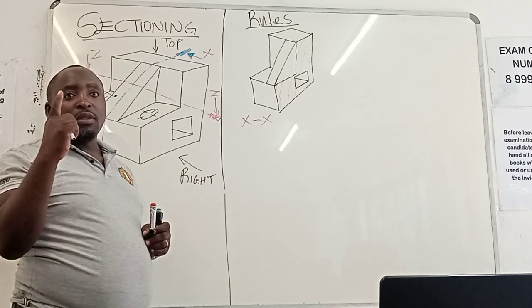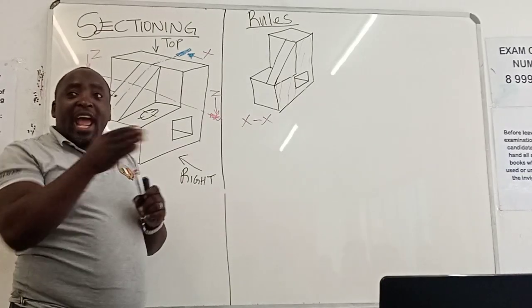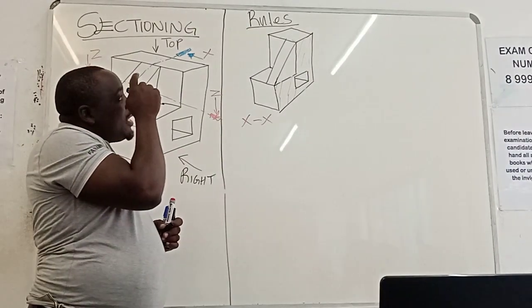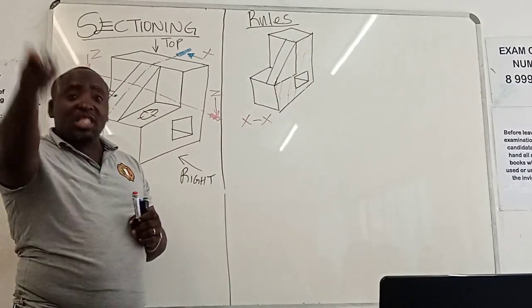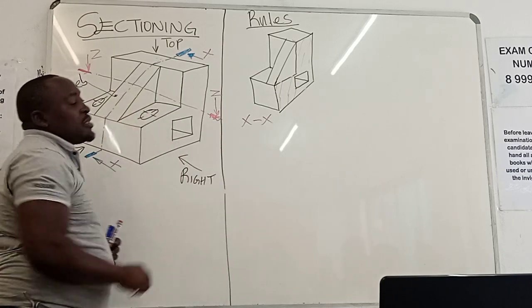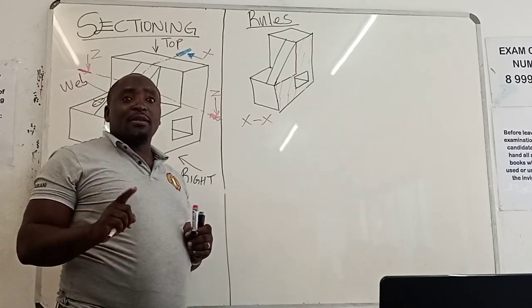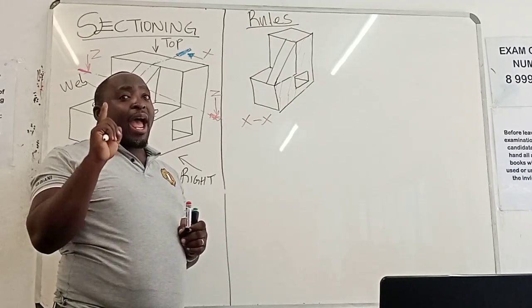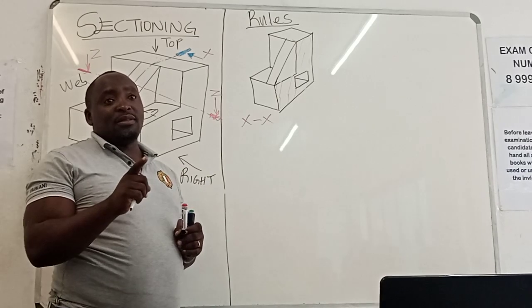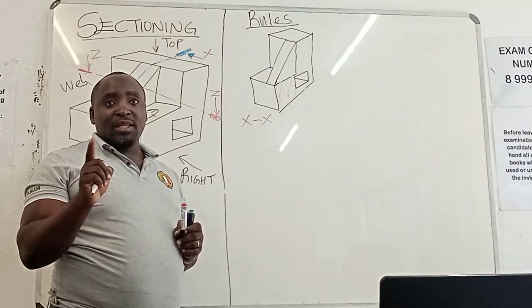When you are cutting with a knife, you cut it, but in drawing, it's a rule. Don't section it. This one, that shape, don't section it. Have I made myself clear? I don't want to see any drawing where a web is sectioned. Please.